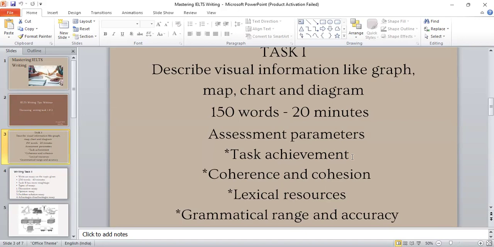And coming to the next parameter, coherence and cohesion. You can also call it structure and flow. That means there should be a logical connection between the sentences. If you start from 8th standard, you have to end up in 10th standard. So there should be a logical connection.